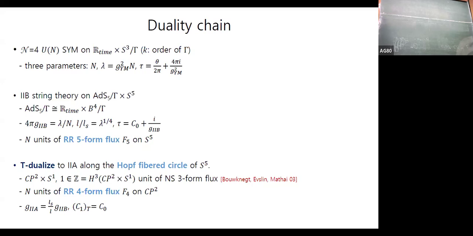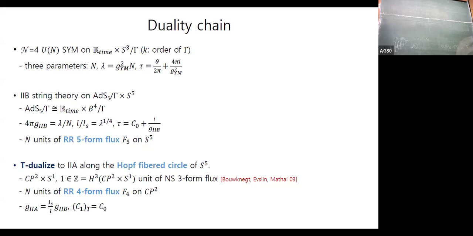Let's say we've got a circle that shrinks to zero somewhere. Then you're right, winding is not conserved here, so momentum will not be conserved on the other side. Maybe that's the H flux. Yes, here we have H flux. Also, if a circle shrinks to zero, we get infinite coupling. In the T-dual, this is a trivial circle, so it doesn't shrink, but in the original it shrinks to zero, so the T-dual description has infinite coupling, because the dilaton transforms under T-duality.